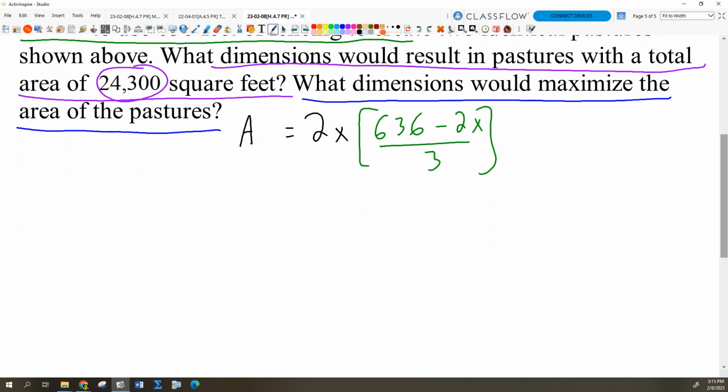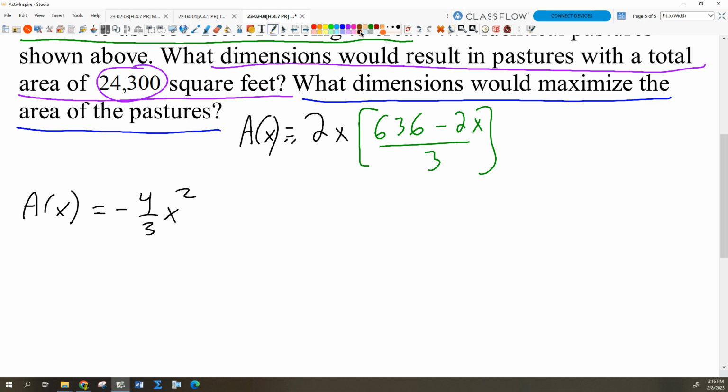Okay, now how many different kinds of input variables do you see now? One, just x's, right? So now I can call this A of x, which is nice. I've only got one input variable. So if I distribute the 2x, let's put this into standard form, okay? So if I distribute the 2x, I'm going to get, would you agree? If I distribute to the x term, I'm going to get negative 4/3 x squared, right?